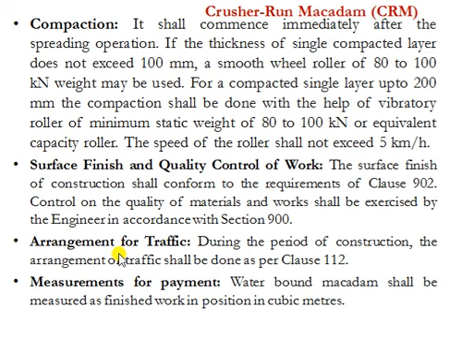If the compacted layer is between 100 to 200 mm thickness, and it is a single layer, then the compaction is done using a vibratory roller, and the minimum static weight of the vibratory roller should be between 80 to 100 kN.